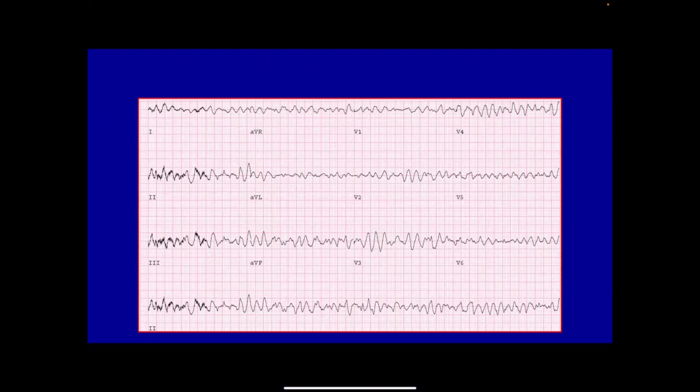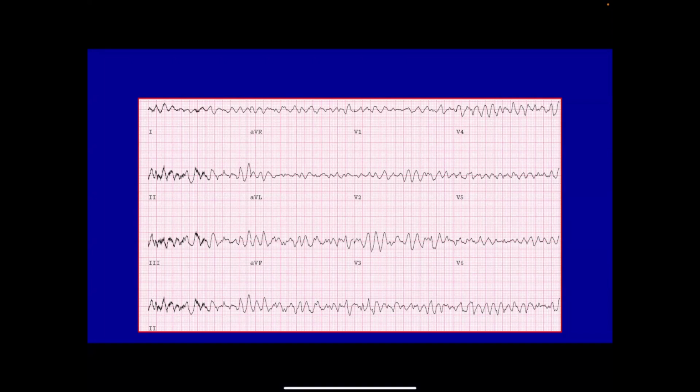So, okay, what about this one? Do you see any proper QRS? No. Do you see any pattern? No. So what is this?